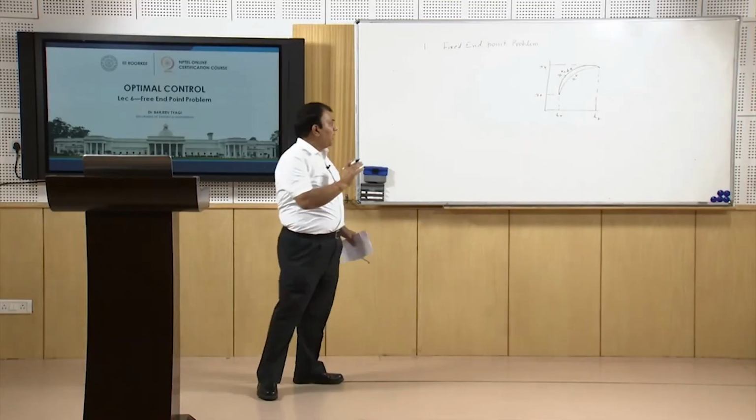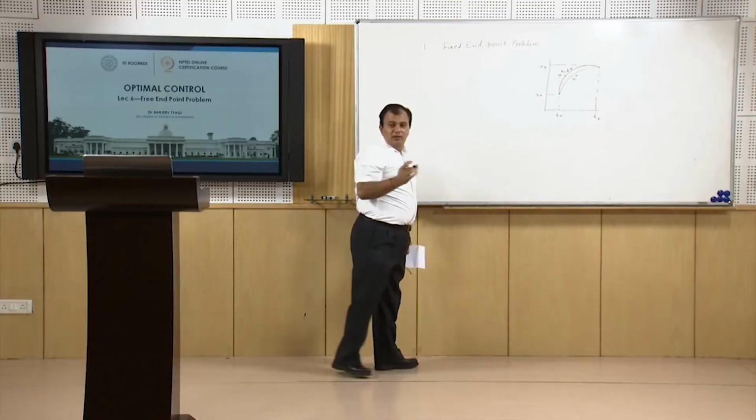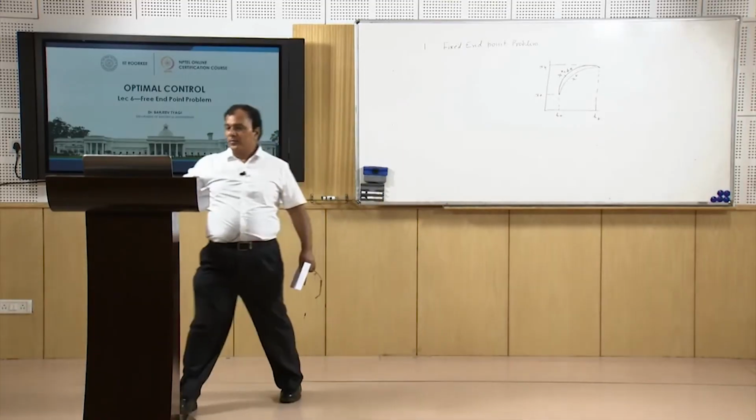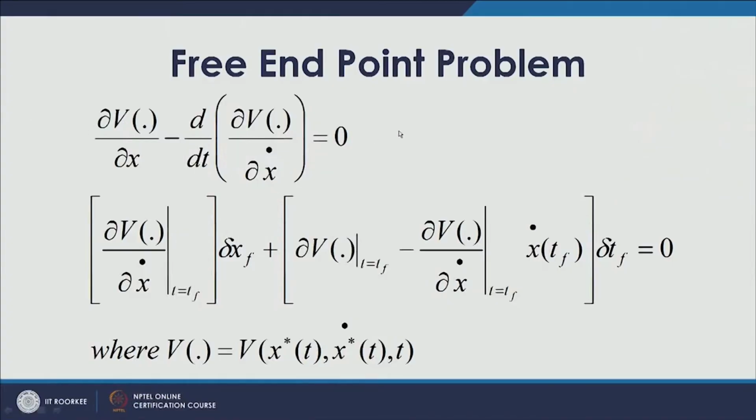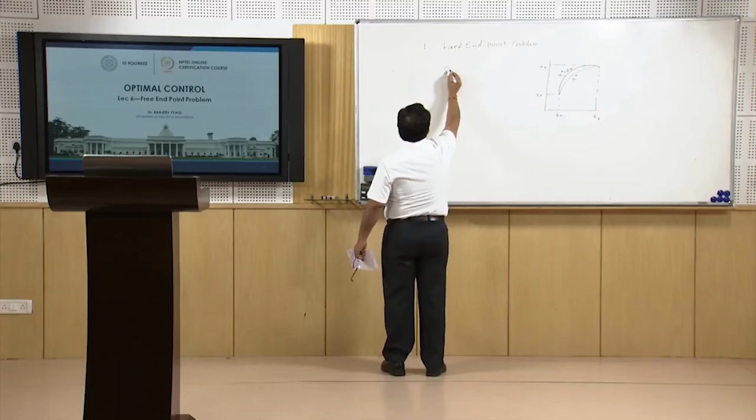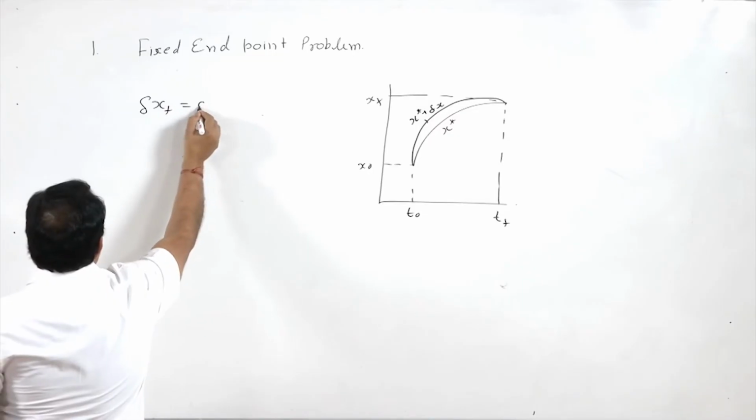If my terminal points are fixed, I can say my first equation will be my Euler equation, and the boundary condition, as my terminal point is fixed, delta xf will be 0.